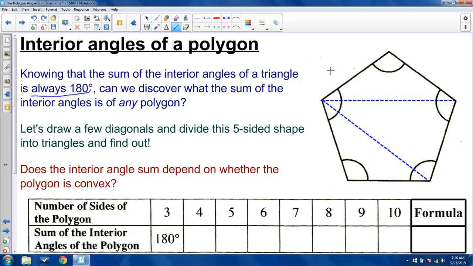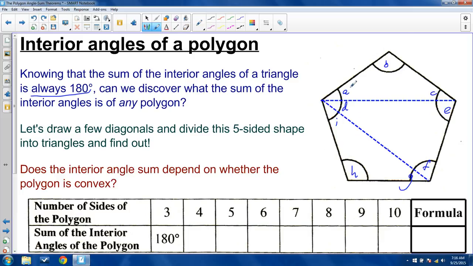So I'm technically using the angle addition postulate. If you think about it, I could call these angles A, B, C, D, E, F, G, H, I, or something like that. I plus D plus A equals this entire angle here. B is this angle, C plus E is this angle, F plus G is this angle, and H is this angle.